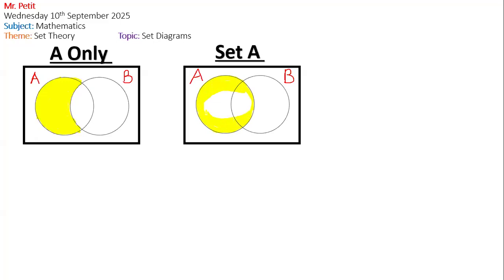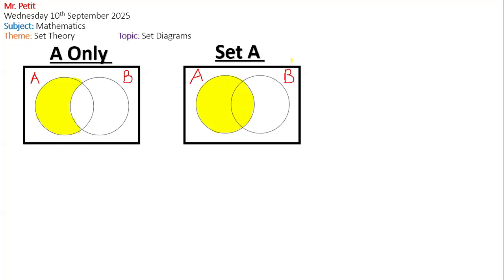All of that is A. All of this is A. So all of this is A. So this is set A.